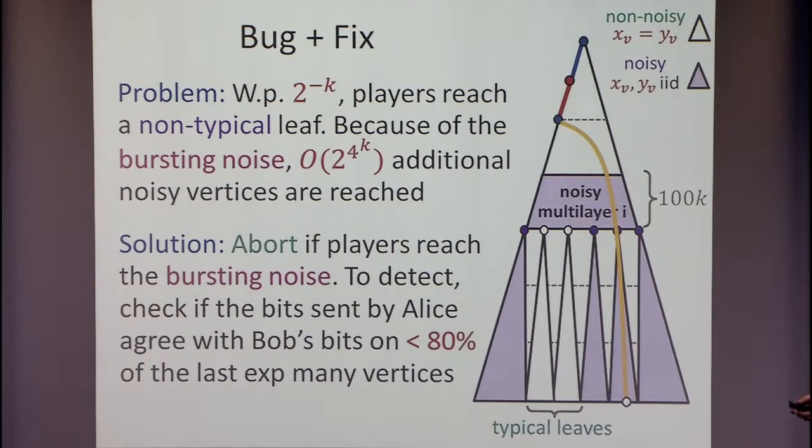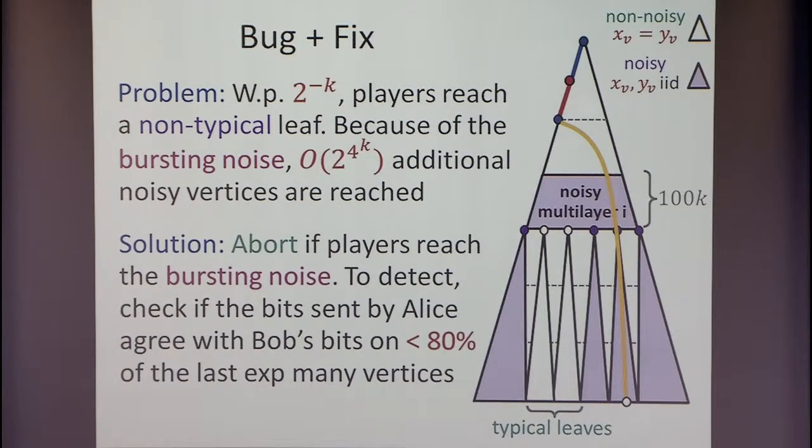Basically, if they reach the bursting noise, then they're going to disagree an exponential number of times. Let me say it again. To detect whether you got to the bursting noise, the players will try to see whether in the last exponentially many rounds, they agreed less than 80% of the time.